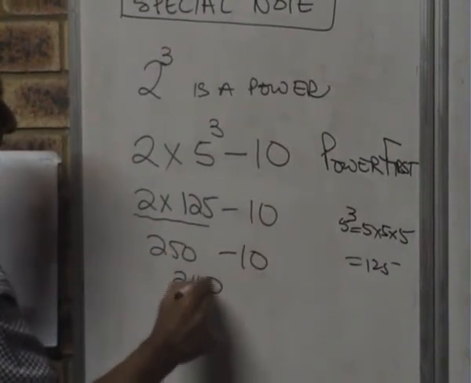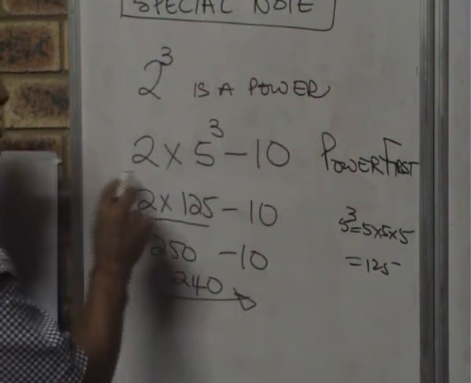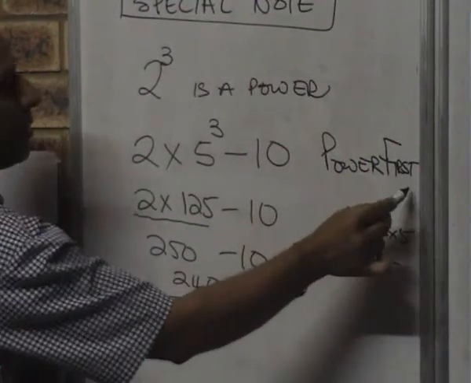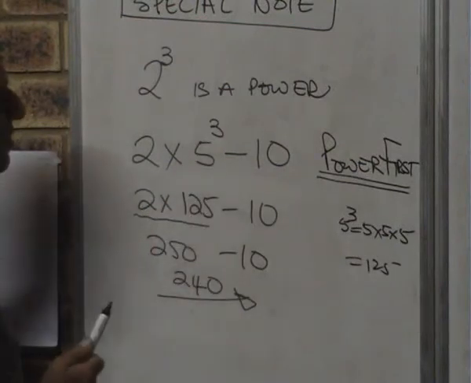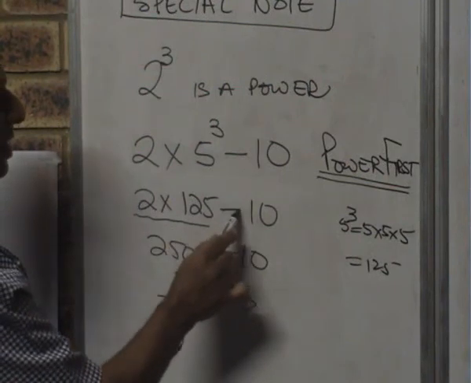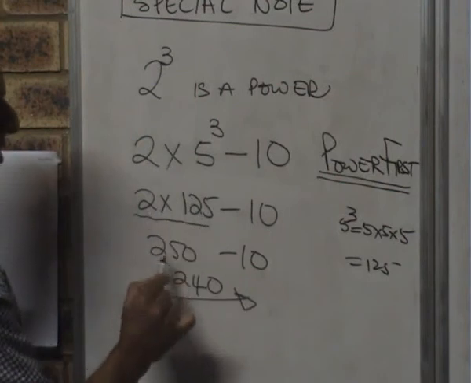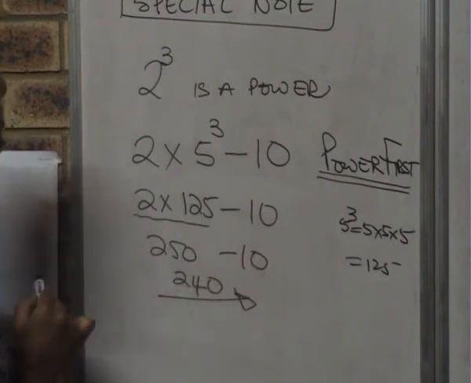Final answer 240. So what we are saying is that when you read a question, and if there is a power in that question, make sure you do the power first. So 5 cubed is 125, and then it becomes a simple multiplication and subtraction example. Then you do your multiplication. 2 times 125, 250, minus 10, 240.